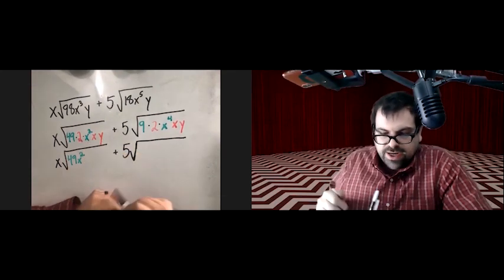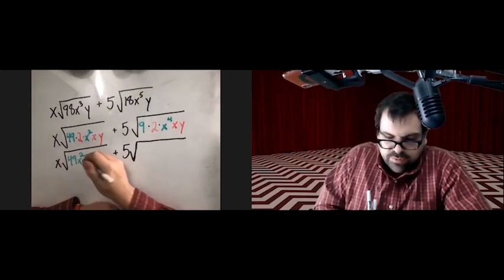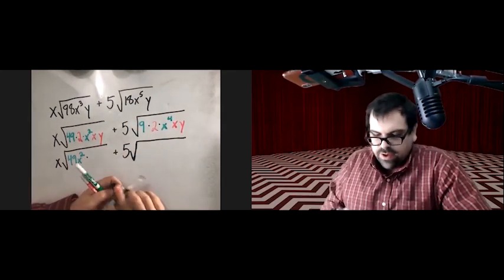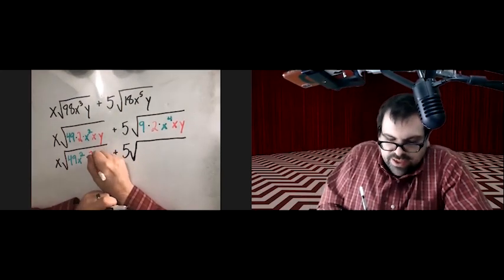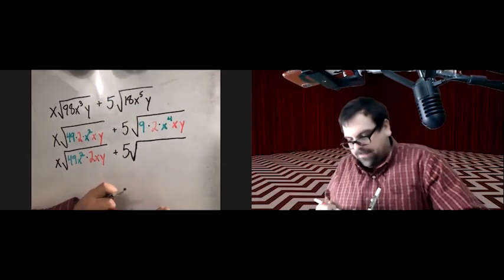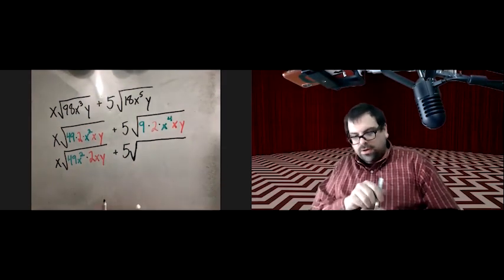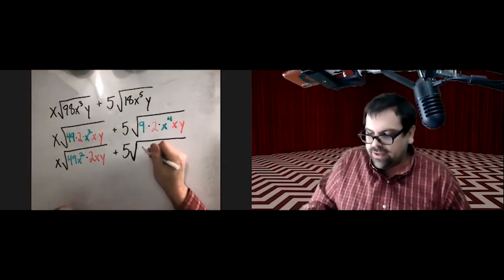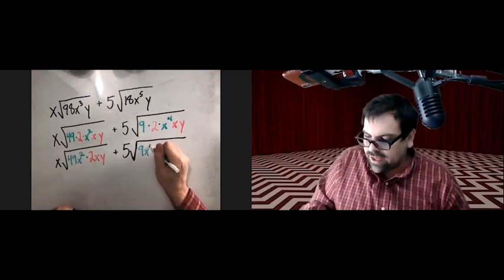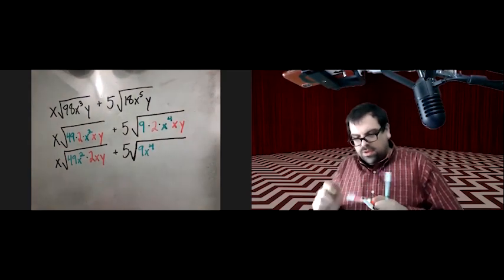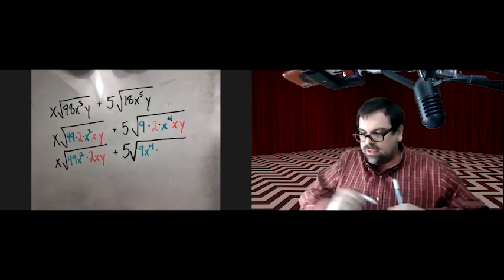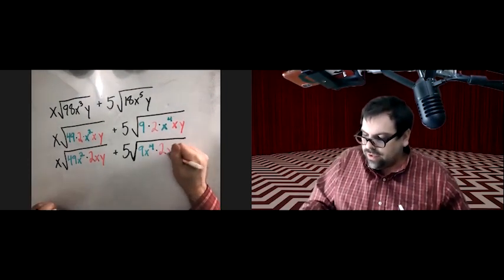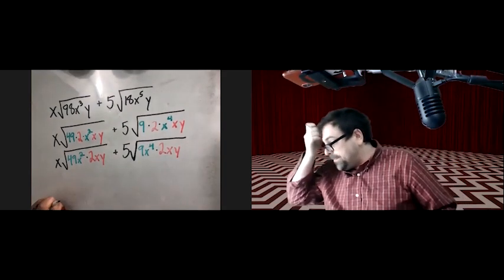So here, the 49 and the x squared, those are things we can take square roots of. And then the stuff we can't take the square roots of, that's the 2, the x, and the y. Here, things we can take the square root of are the 9 and the x to the 4th. The things we can't are the 2, the x, and the y.